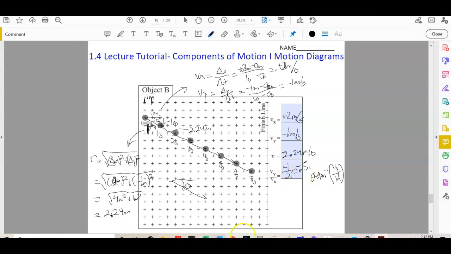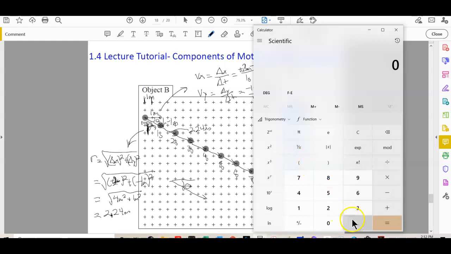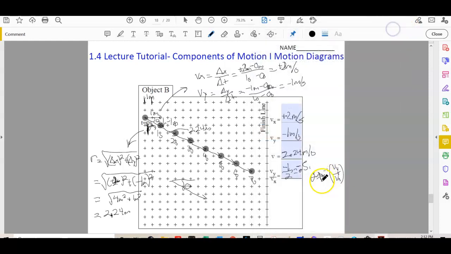And so we have to figure out what that angle is. Well, let's go to the calculator. So if that was theta, that would be negative 0.5, and then we'd do the inverse tangent of that. And that would be negative 26.57 degrees. So the angle it's making would be 26.57 degrees. And so that's why we're doing the Vy over Vx. Okay.